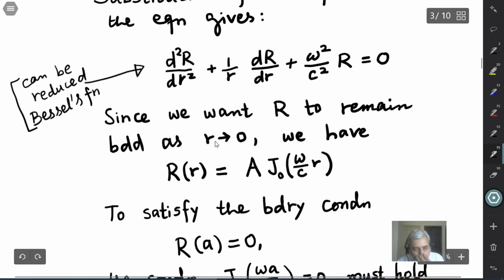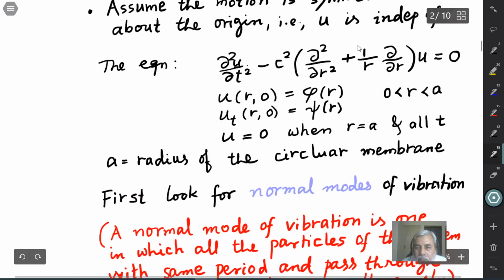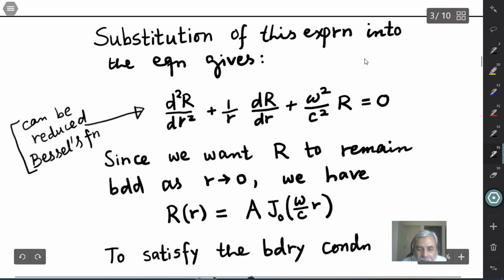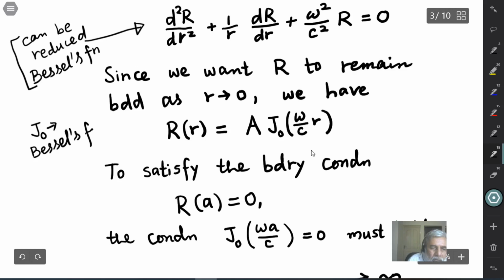Since we are looking for a solution which remains bounded as r tends to 0, as I commented earlier, and r equal to 0 is a singularity, we should be careful. The only solution is a constant multiple of this J0. Let me recall, J0 is the Bessel function of order 0 and of the first kind.